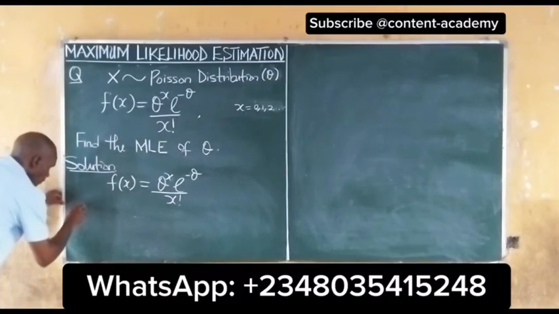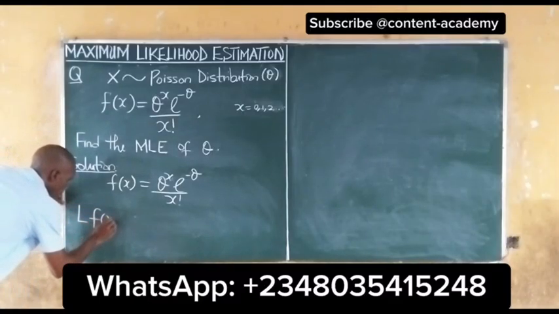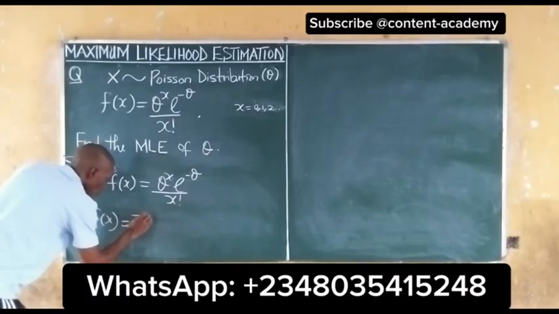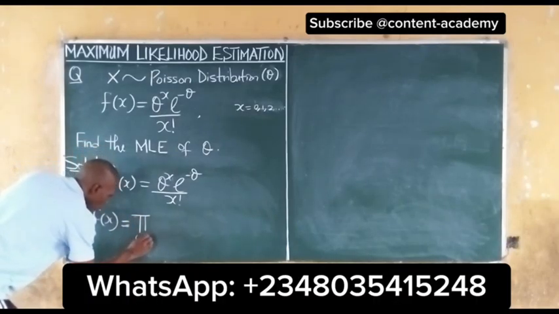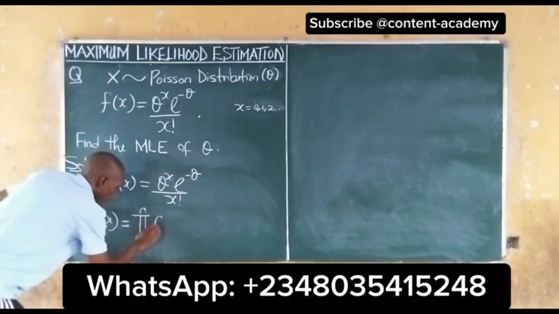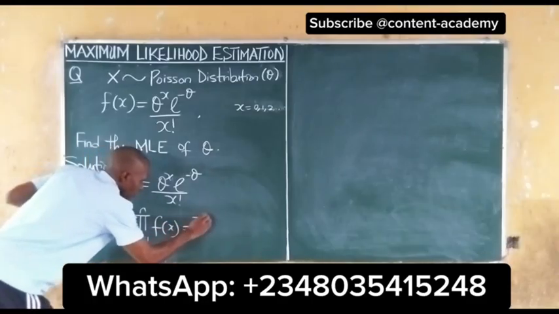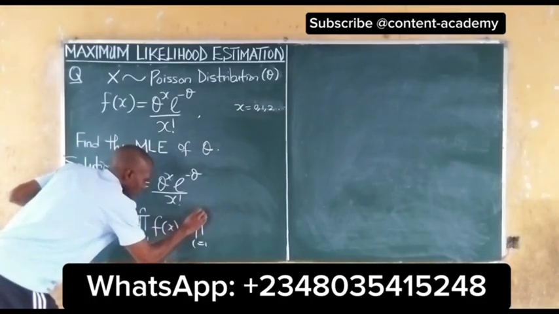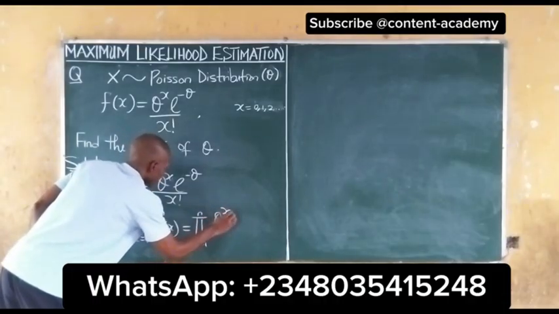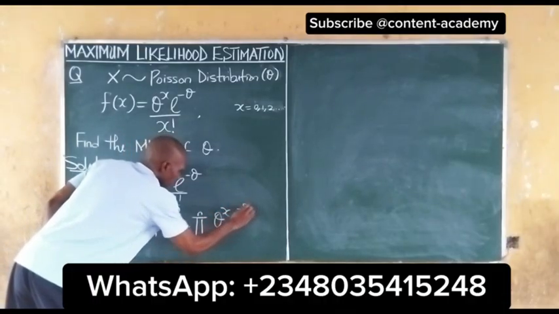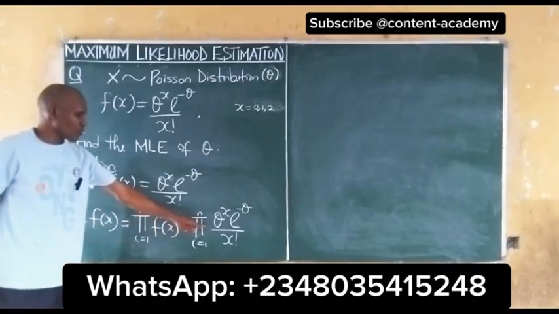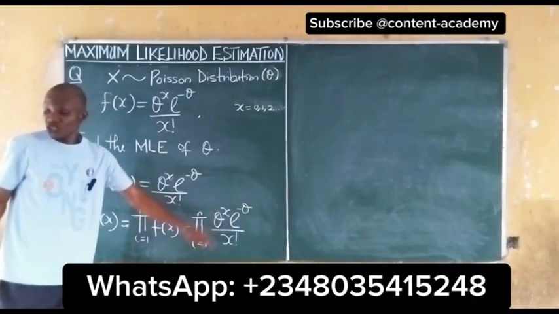So the likelihood function of the given Poisson distribution is equal to the product from i equals 1 to n of f of x, which we can write as the product of theta^x e^(-theta) all over x factorial. So all we need to do is to take the product of the given distribution.